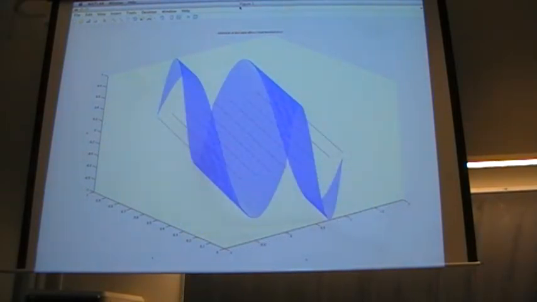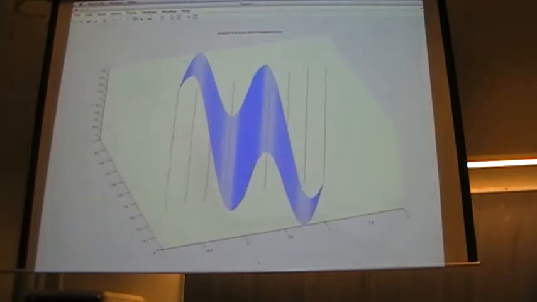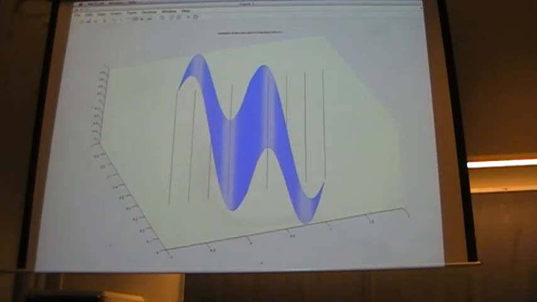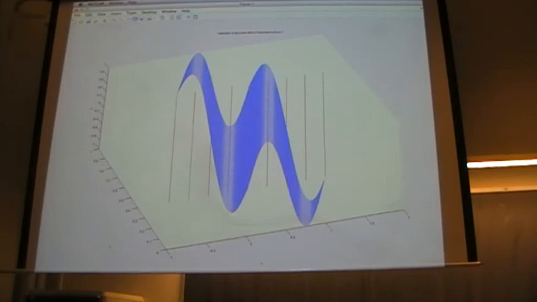And now we see also lines below, and these lines are actually the characteristic lines. We'll see in a minute what that means if we view that from another perspective. Let's see if I can get that. Roughly like that.